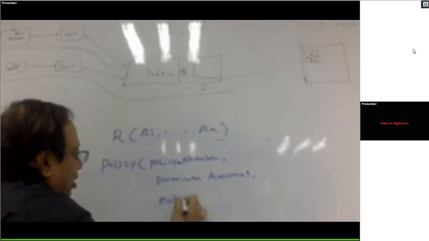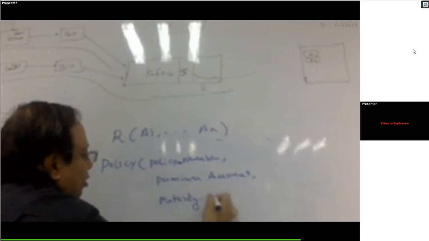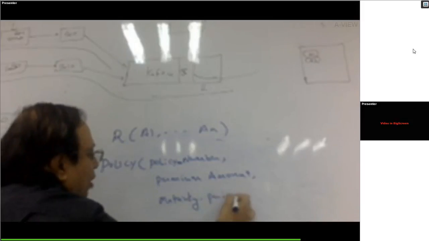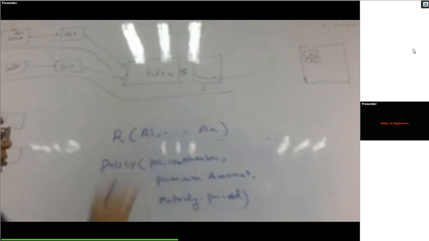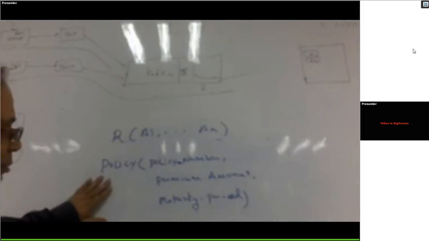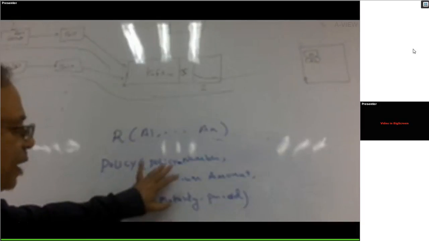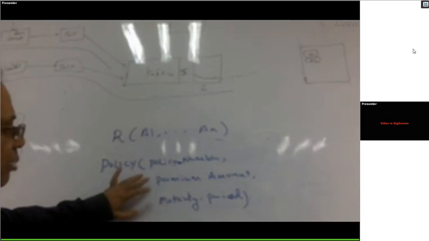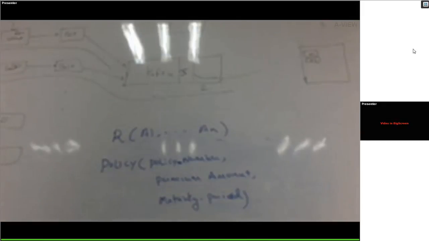What is the amount that you will pay, and what is the maturity period? This can be one of the relations that you may have in case of an LIC system. Policy becomes the table. It will have three columns. The column names are going to be policy number, premium amount, and maturity period.